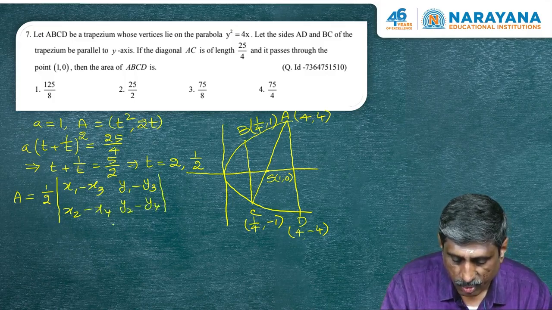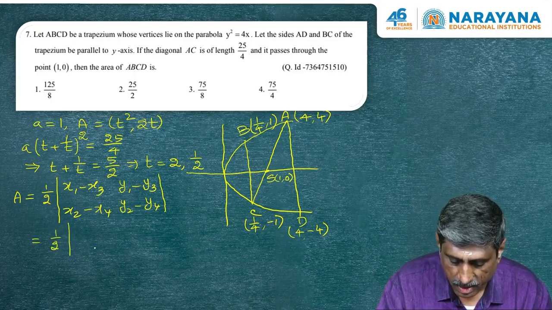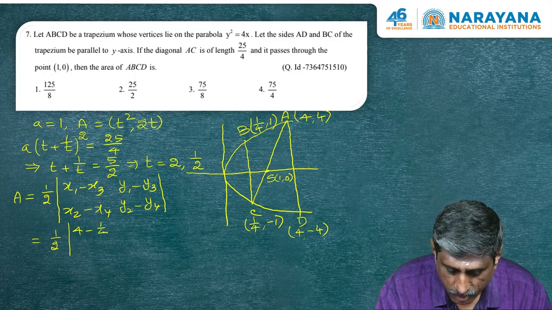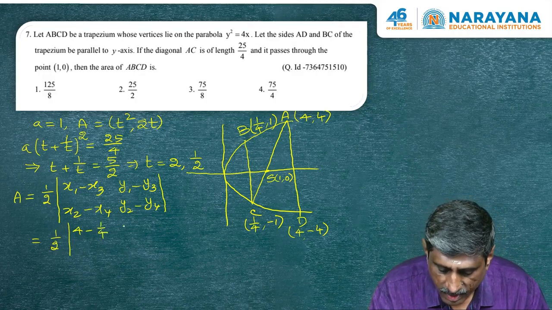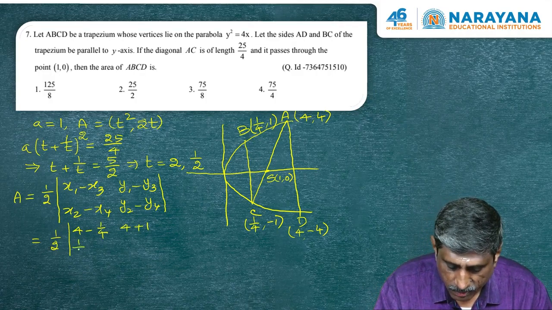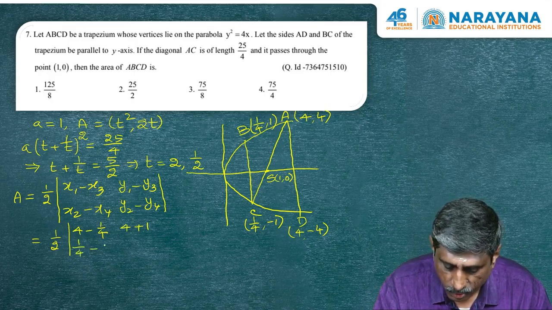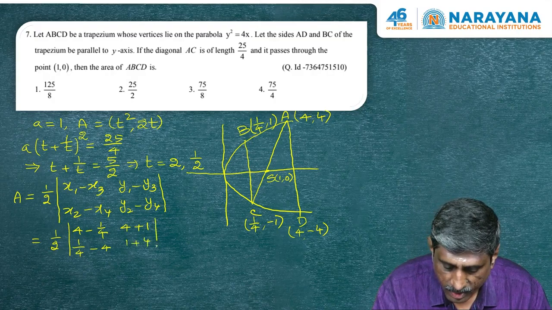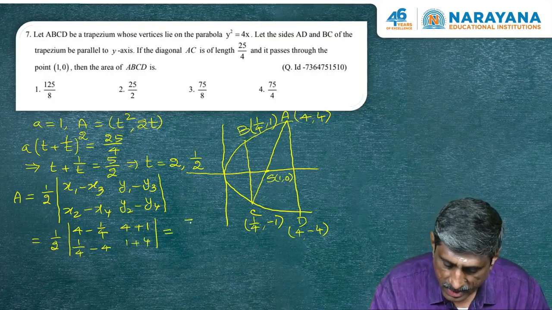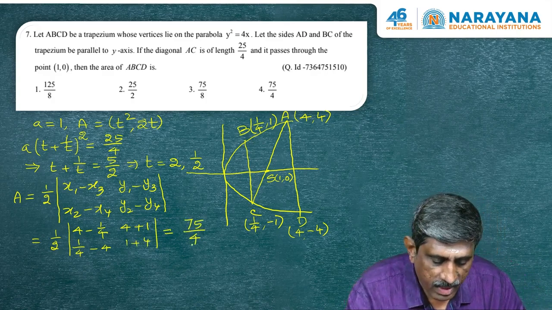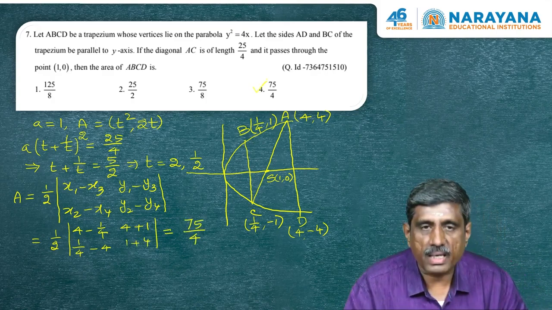This is the area of any quadrilateral from coordinate geometry, which is half into the determinant of x1 minus x3, 4 minus 1 by 4, y1 minus y3, 4 plus 1, x2 minus x4, 1 by 4 minus 4, and y2 minus y4, 1 plus 4. On simplification, we get the answer as 75 divided by 4. So, option 4 is the correct answer.